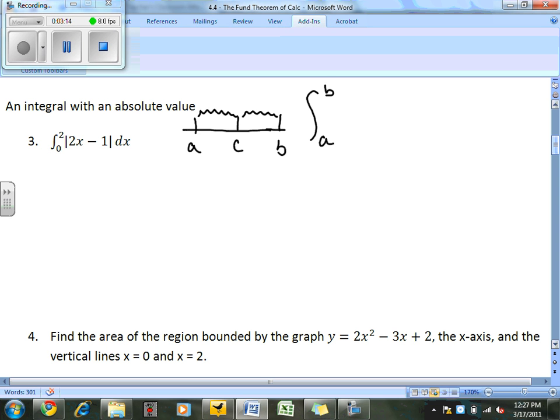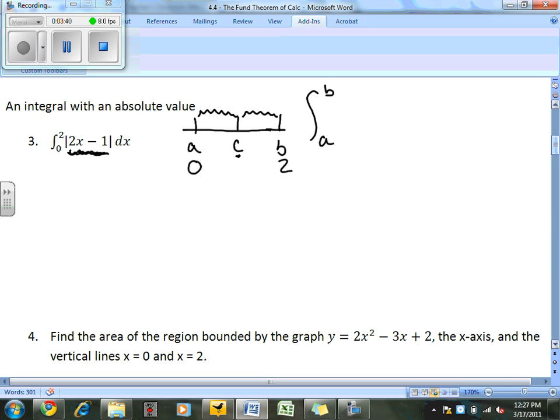This is where it comes into play, because if you look at the absolute value of something, at one point inside here it's going to be negative, and the absolute value is going to make it positive, right? When we take the absolute value, it's the distance away from 0. But at some point, the expression inside is going to be negative, and at another point, it's going to be positive. If we make this 0 and this 2, at what point will it be negative?